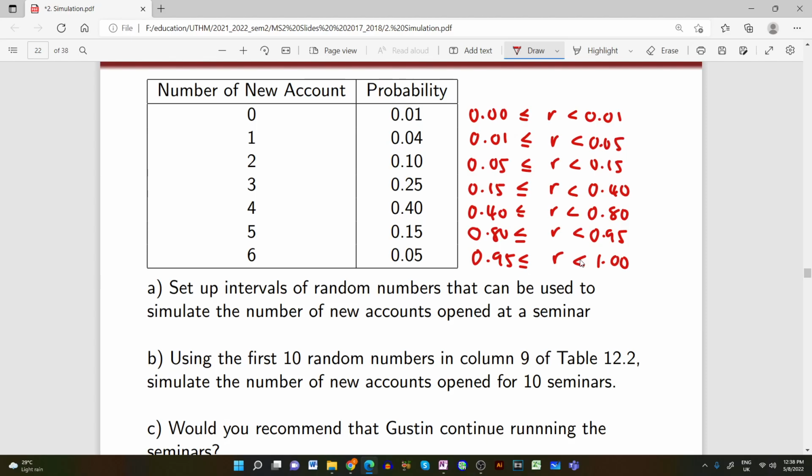So this is the interval of random numbers. Set up intervals of random numbers that can be used to simulate the number of new accounts opened at the seminar. So we have done this, A.